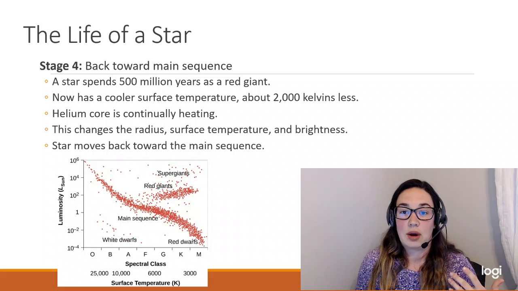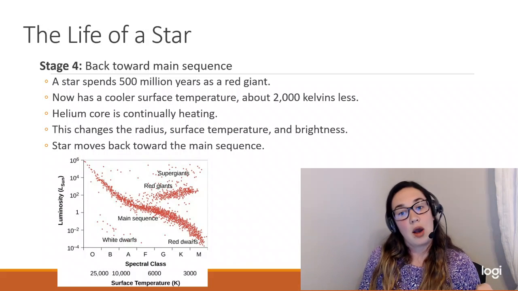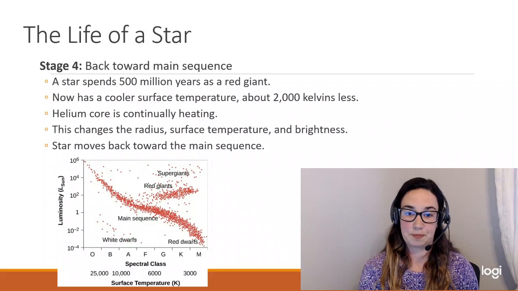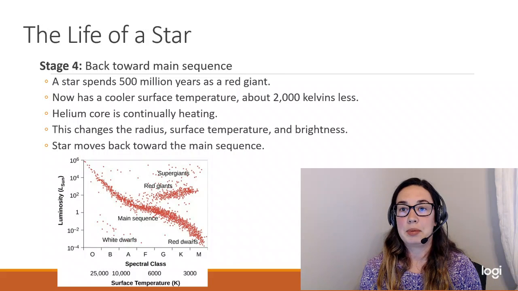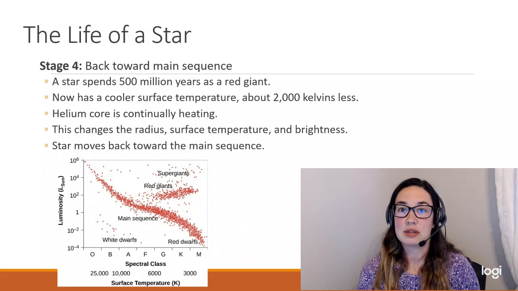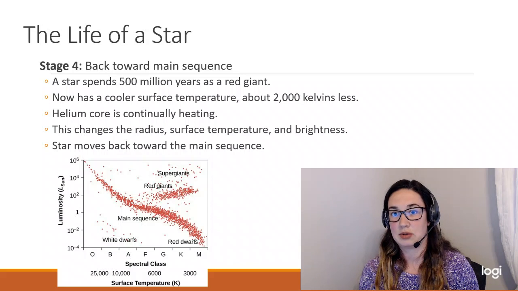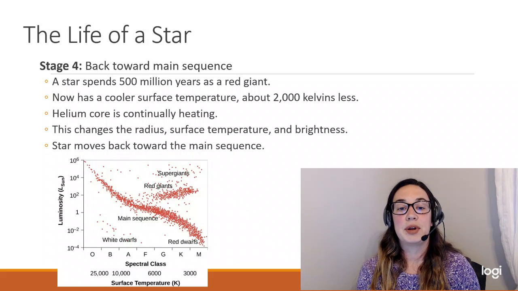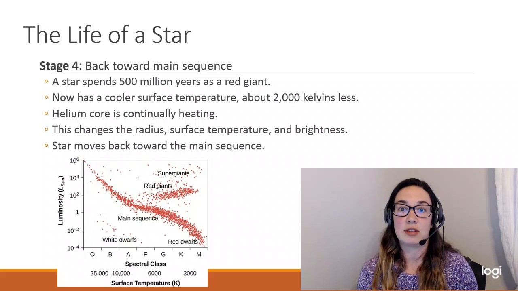And after that 500 million years, when the star is moving back to the main sequence, it's having a cooler surface temperature, probably about 2,000 kelvins less, so going from 5 or 7,000 down to 3 or 5,000, depending on what the original temperature was. But the helium core here is continually heating, even though this is happening.